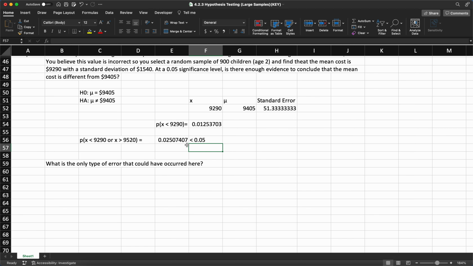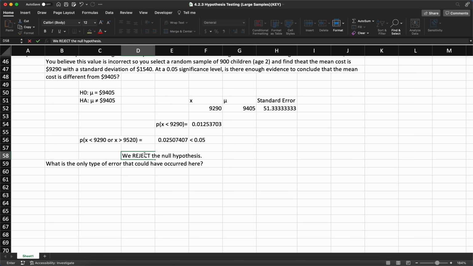So in this case, since the probability is less than the probability I was expecting, we reject the null hypothesis. And we accept our alternative hypothesis.